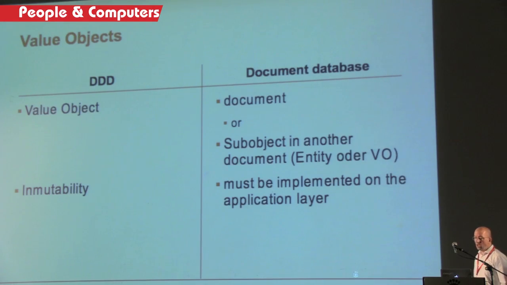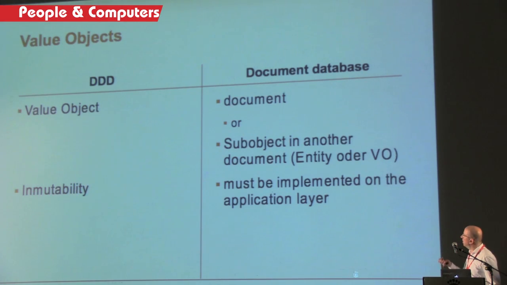Value objects, they can be a document in their own right, but what they also can be is a sub-object that just exists in another object, which in turn may be an entity or a value object, and they can be embedded basically within that other object, so that's perfect.